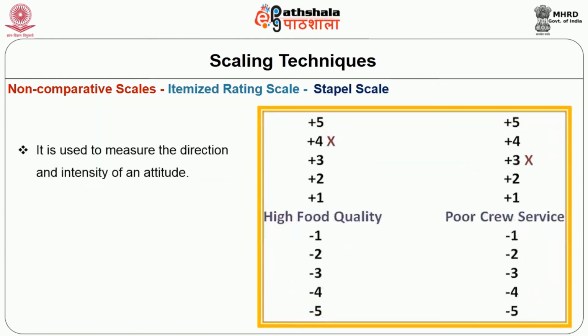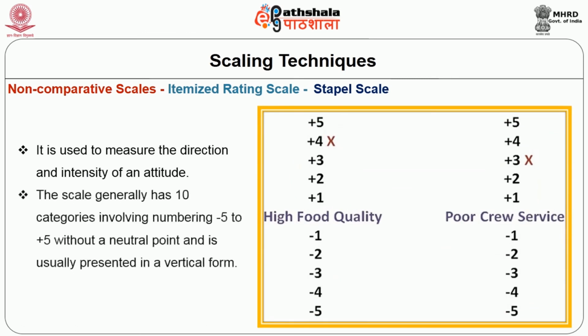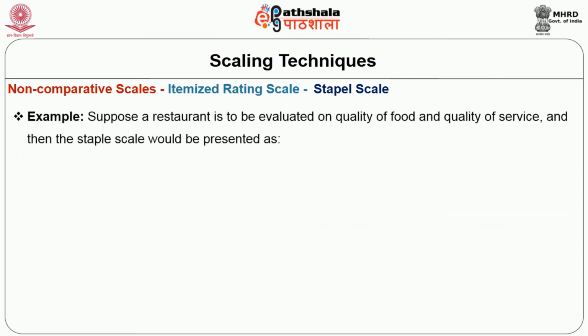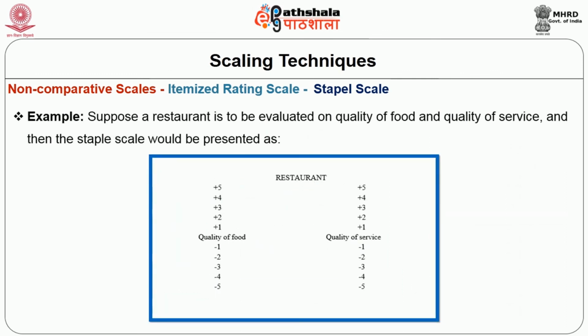Staple scale is used to measure the direction and intensity of an attitude. The scale generally has 10 categories involving numbers -5 to +5 without a neutral point and is usually presented in a vertical form. Suppose a restaurant is to be evaluated on quality of food and quality of service, then the staple scales would be presented as given below.